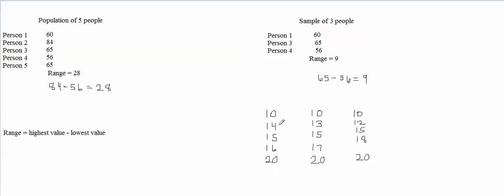Now, if the amount of dispersion is going up as we go from left to right, you might think that the range should go up from left to right. Let's see what happens. The range is just the highest value minus the lowest value. The highest is 20, the lowest is 10. If we subtract 10 from 20, we get 10.